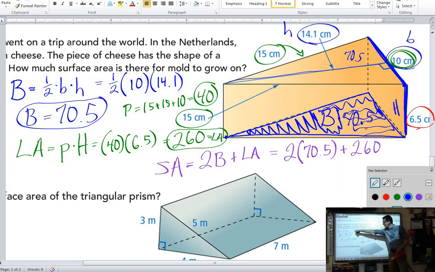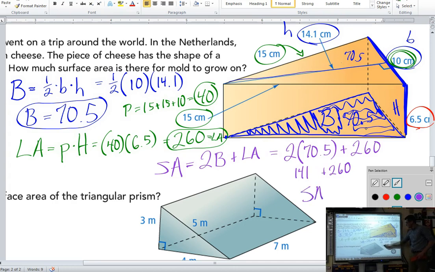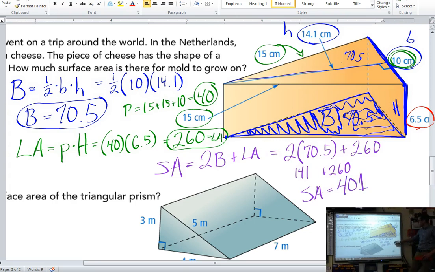I didn't write it out, but it was 141. Relabel SA, please write this down: SA equals 401 centimeters squared.